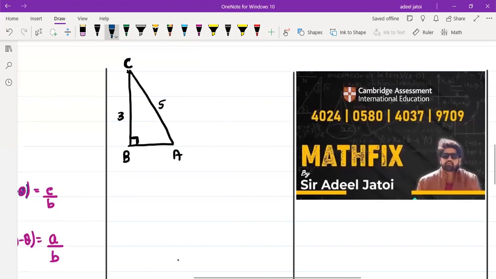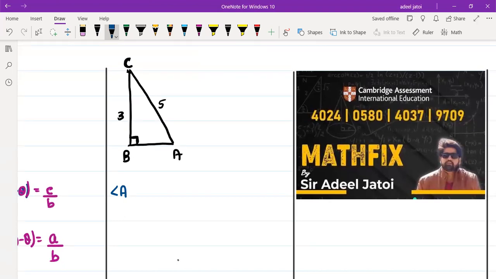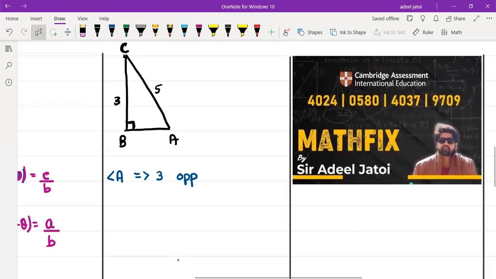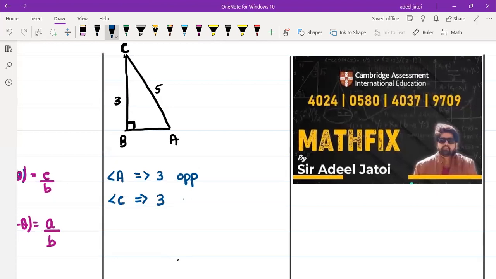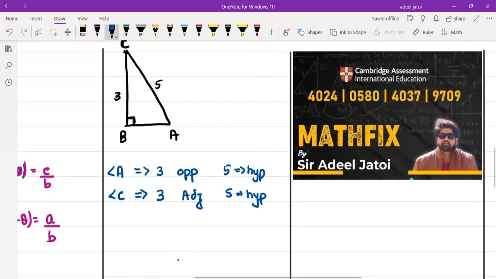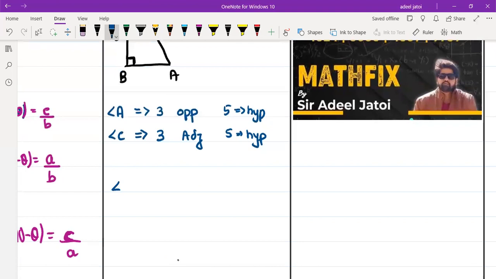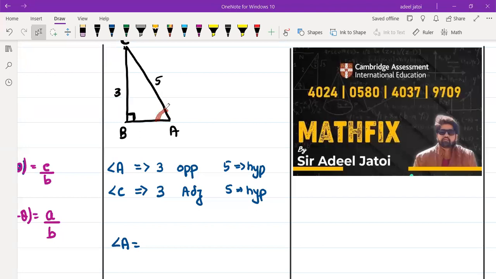So if we find angle A, for angle A, 3 becomes the opposite, whereas for angle C, 3 becomes the adjacent. And 5 in both cases will become the hypotenuse. Considering we need to find angle A, the opposite is given, and the other side given is the hypotenuse.